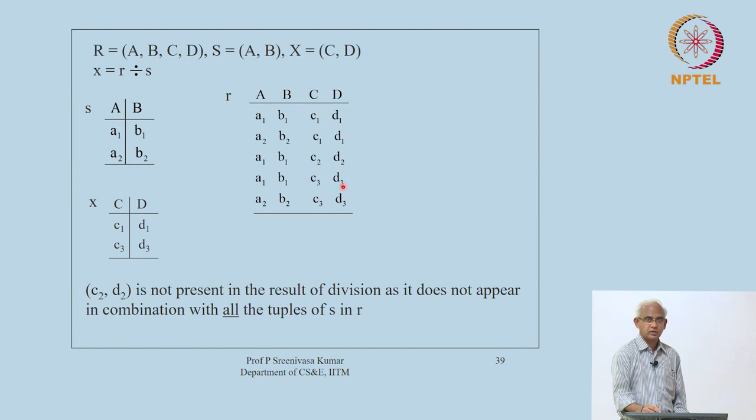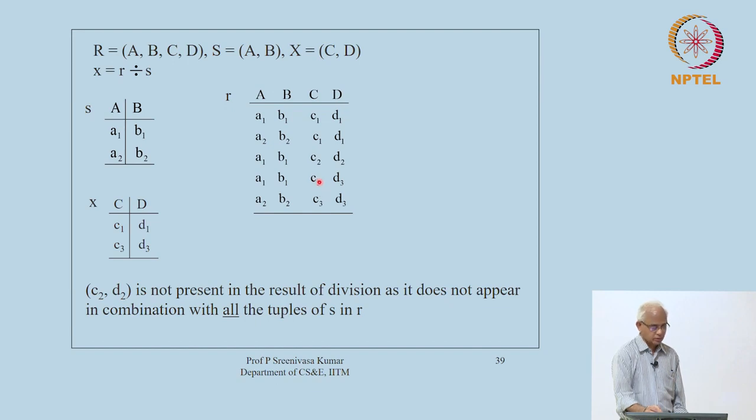That is the question we are asking. So get hold of all those tuples in the CD part of this data which have this interesting property that they combine with every tuple of S and exist here.